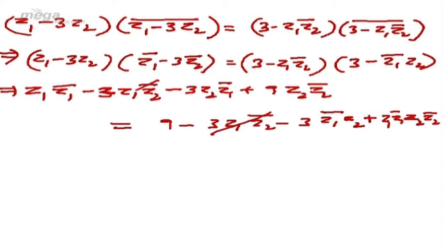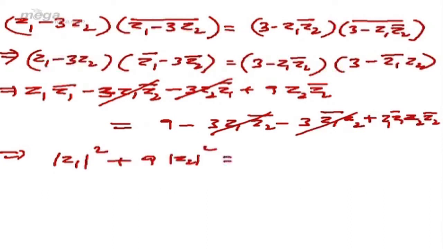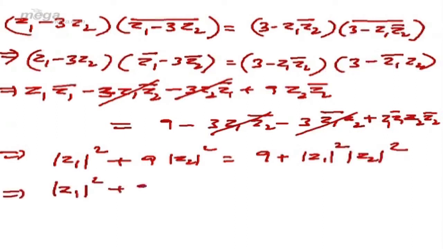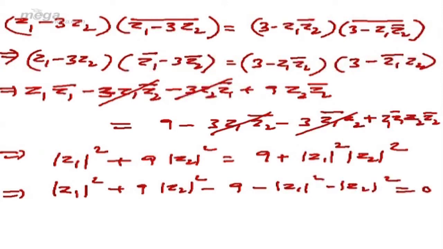This term will cancel out with this term, and this term will cancel out with this term. So this will become mod of Z1 square plus 9 mod of Z2 square is equal to 9 minus 9 plus mod of Z1 Z1 bar will become mod of Z1 square into mod of Z2 square. So mod of Z1 square plus 9 mod of Z2 square minus 9 minus mod of Z1 square into mod of Z2 square is equal to 0.